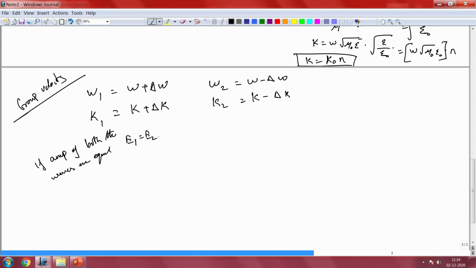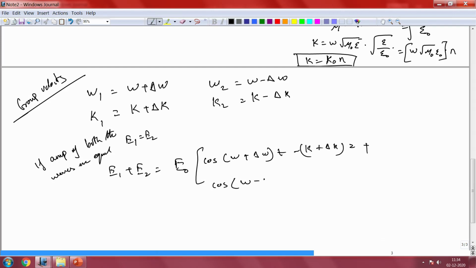Now I'm going to put these two waves together. I can write this as a simple addition of cosine terms: cos of omega plus delta omega times t minus k plus delta k times z, plus the second wave, cos of omega minus delta omega times t minus k minus delta k times z.